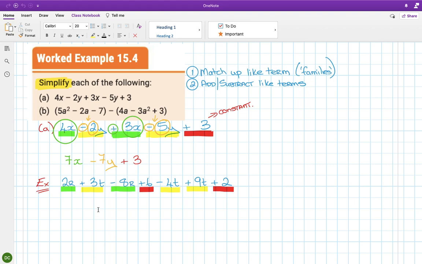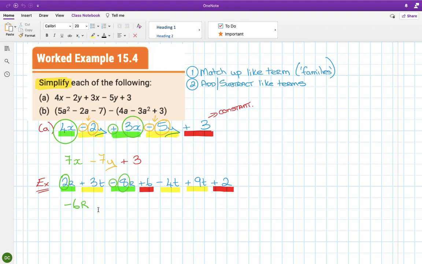Okay, so let's start with the green ones, which is the OR family. We can combine them. So it's 2 minus 8. So 2 minus 8 is minus 6 is the total for the OR family. Okay?